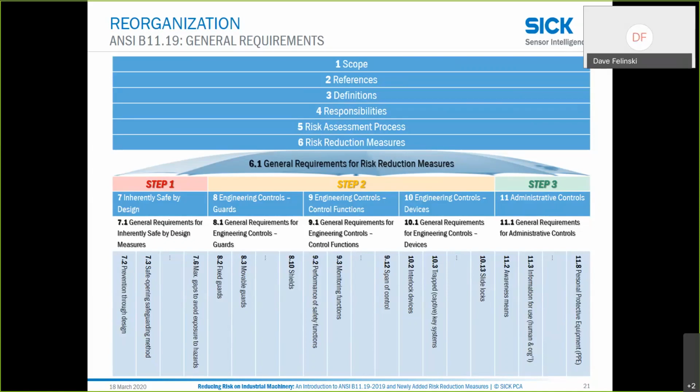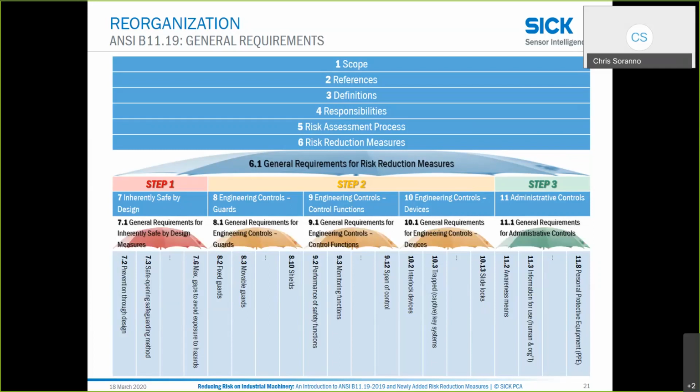From there, we then go into the individual clauses, as I mentioned before, clauses 7 through 11 and how they address the different steps or sub-steps of risk reduction. And within each major clause, it starts with general requirements within those concepts. So clause 8.1, for example, is all the general requirements that apply to guards, in addition to the general requirements from clause 6.1.